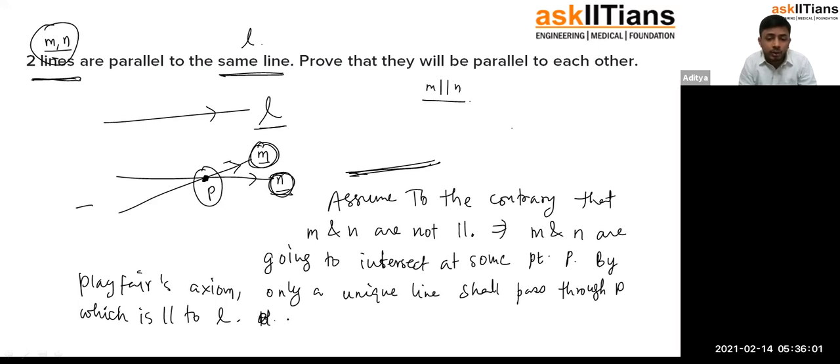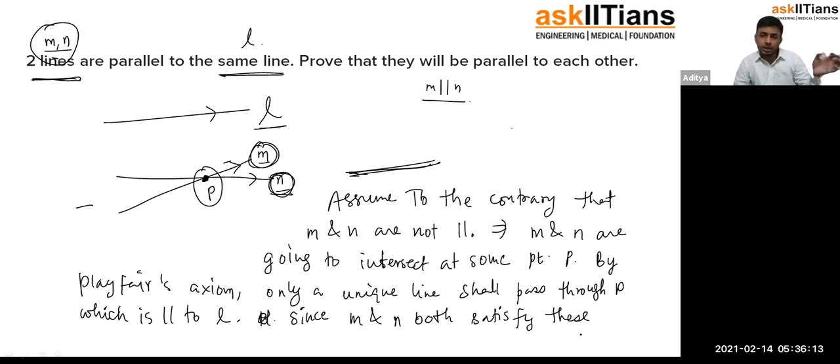Hence, we can write since M and N, both lines, both satisfy these conditions. What are these conditions? That they both pass through P, they both are parallel also to L. So since both of these lines are satisfying these conditions, what can we say?